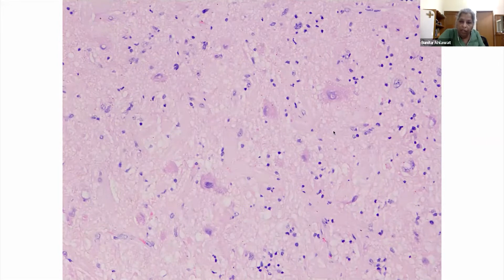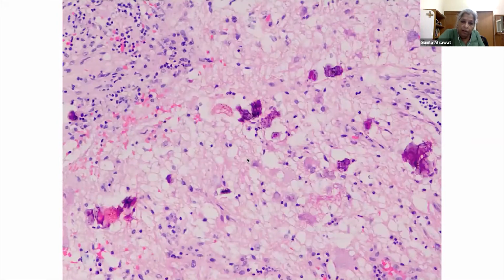You have lymphocytes infiltrating the stroma. This is the glial tumor area. Then there are areas of calcification, and if you see, some of this calcification is around the neurons.